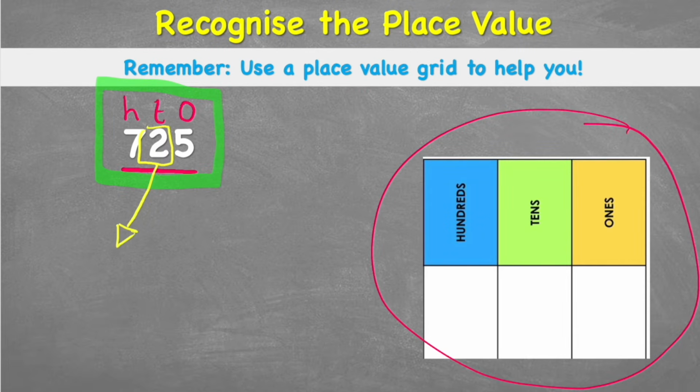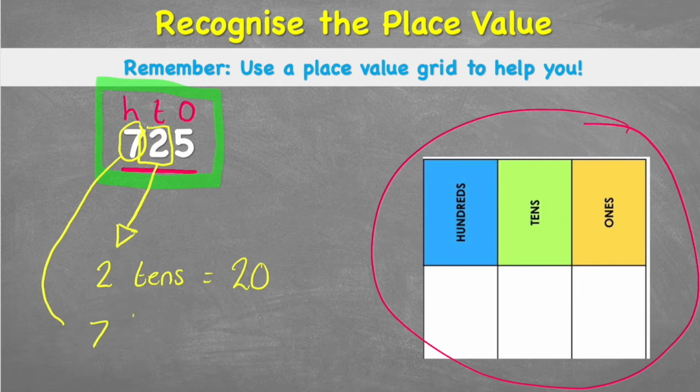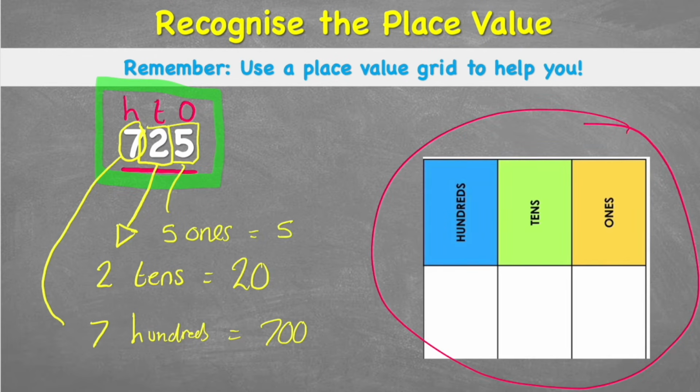It actually represents 2 tens, which equals 20. And the 7 is not just a 7, it's actually 7 hundreds, which equals 700. But our 5, because it's in the ones column, actually only represents 5 ones, which equals 5.